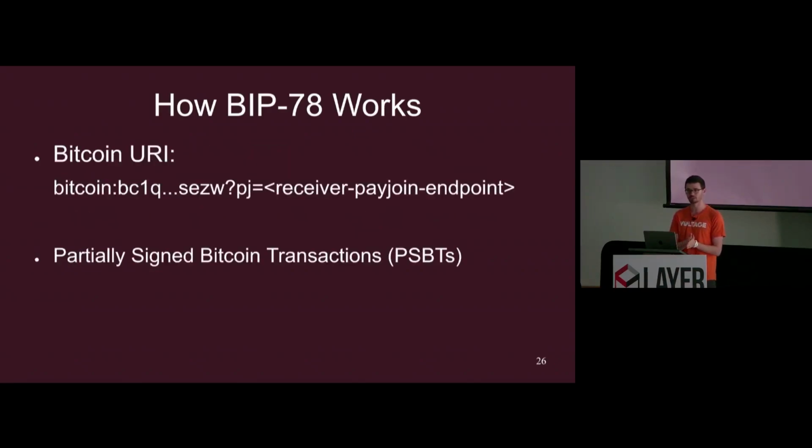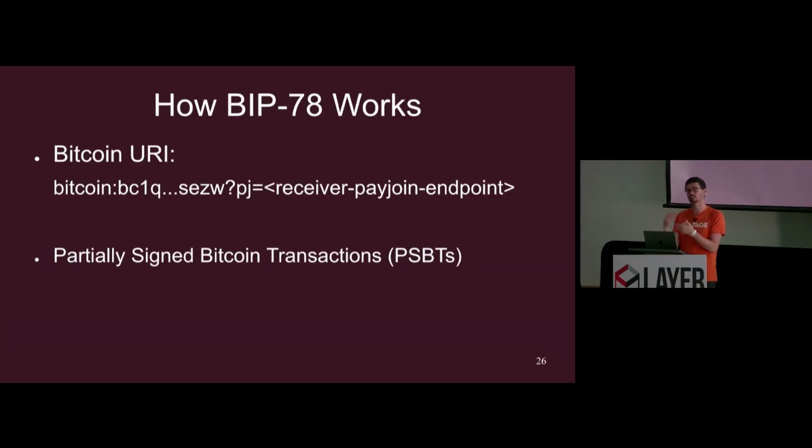BIP 78 used a few primitives, or a few BIPs already present in Bitcoin. One is BIP 21, the Bitcoin URI. You can see right here in the pj= parameter, we have the Bitcoin URI, which has the address, and then we have pj=, which specifies the receiver's Payjoin endpoint.